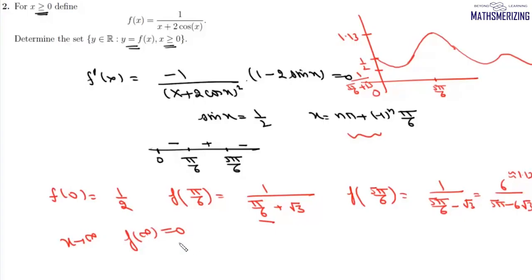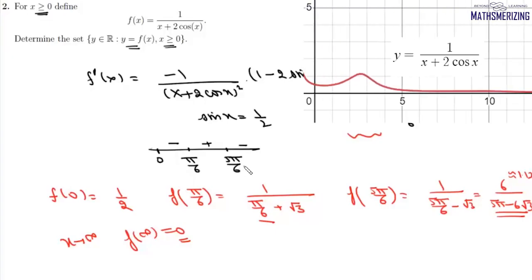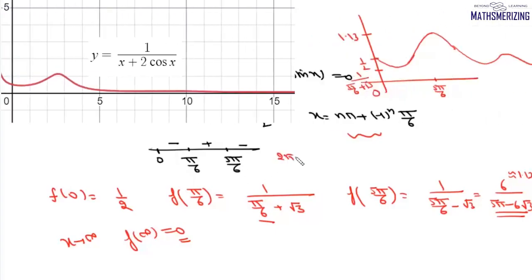Now since it is a continuous function, it will take all the values between 0 and 6 upon 5 pi minus 6 root 3. Now there will be other points of maxima and minima, say for example 2 pi plus pi by 6 and 2 pi plus 5 pi by 6. But for all those points, as the value of x increases, this maximum value will be less than 6 upon 5 pi minus 6 root 3.